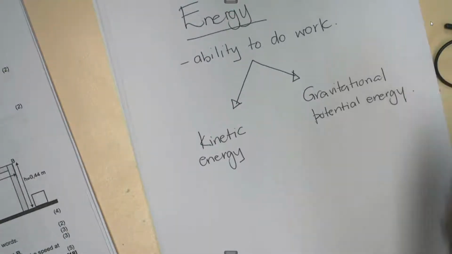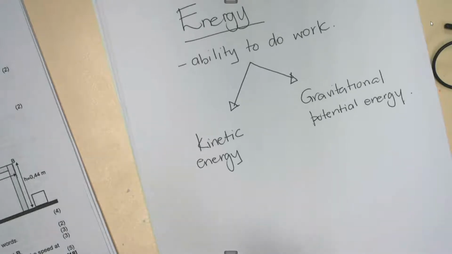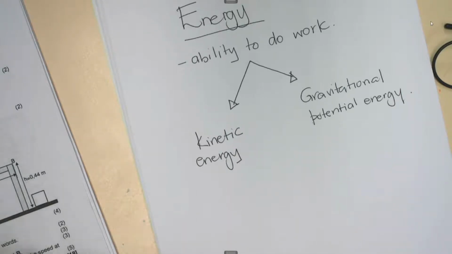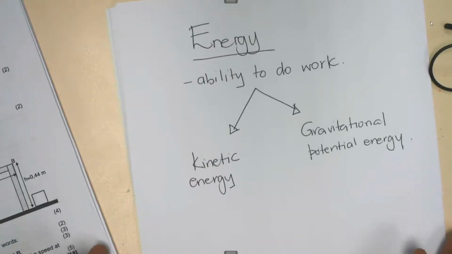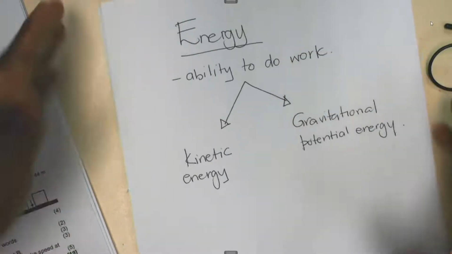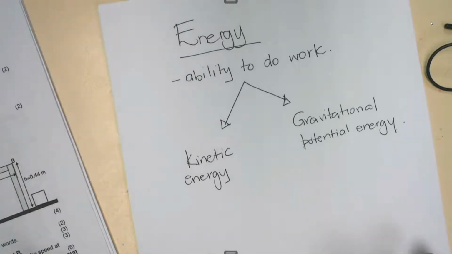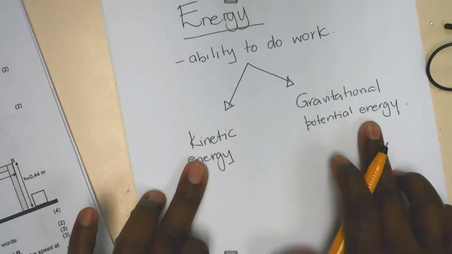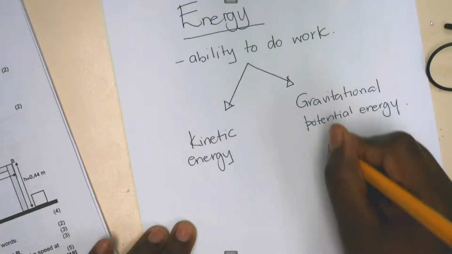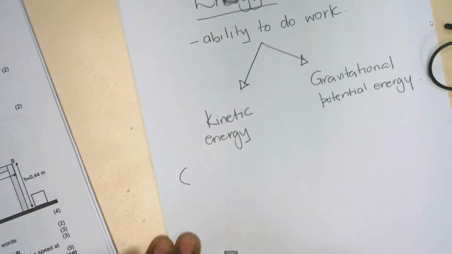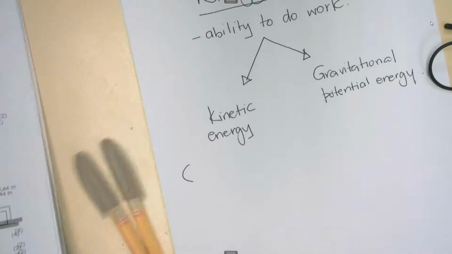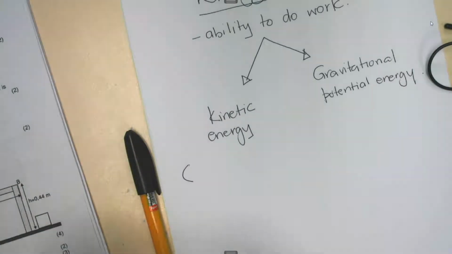energy. So we said, just to go back a little bit, that if a force is applied on an object, then the object must move in the direction of the force. And when that is happening, energy is being transferred. Now, there are many other kinds of energies, which I'm not going to dwell on. So we're going to deal with these 2. Now, you must link this form of energy with motion.